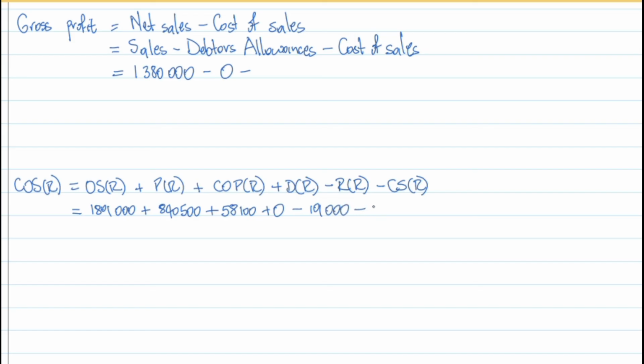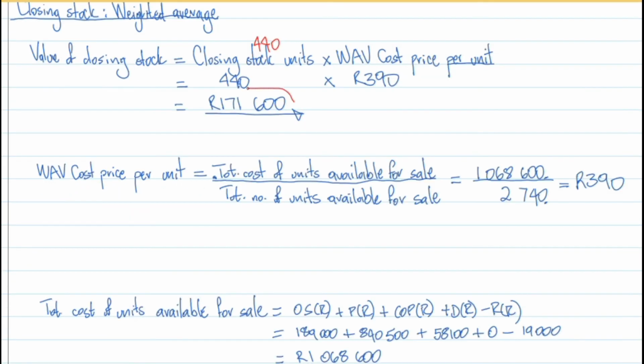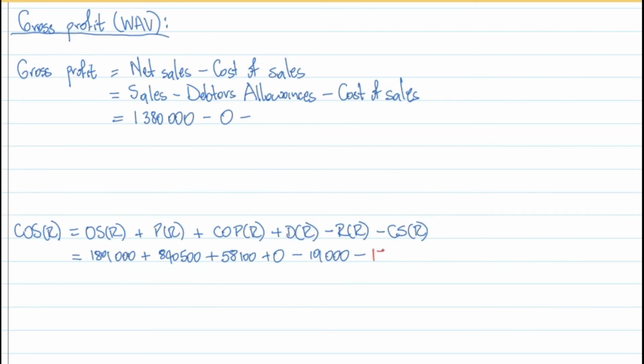The value of closing stock using the weighted average method we have calculated to be 171,600 rands. So when we calculate this equation, we get a cost of sales figure of 897,000 rands.